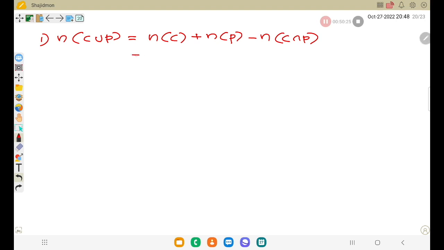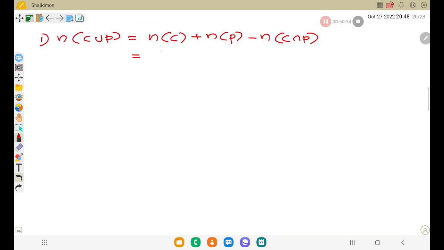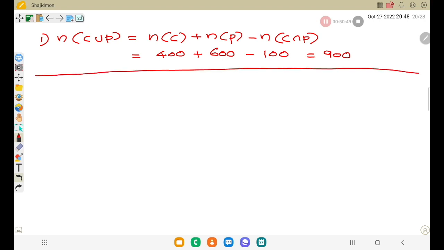Now we can apply the values. Chemistry is 400, physics is 600, both is 100. So 400 plus 600 minus 100 gives 900 as the answer. This is part A of the question.